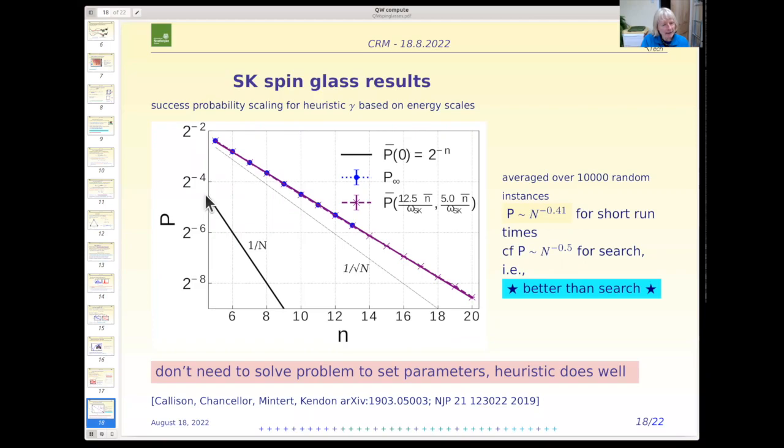And if we were random guessing, it would be minus 1. So we've got a scaling that's better than we would do if we just did a search algorithm. And we didn't need to solve the problem to set our parameters. Our heuristic is doing extremely well here.